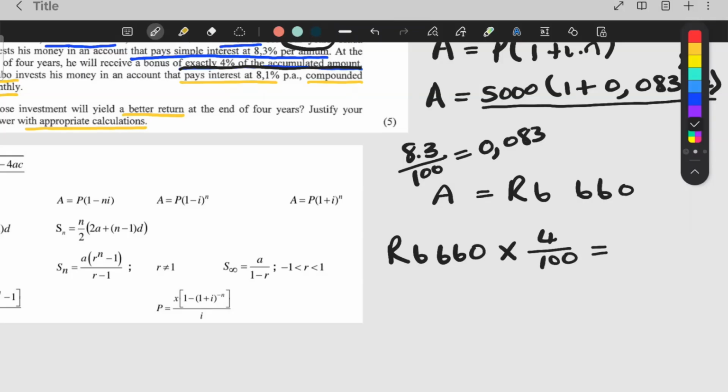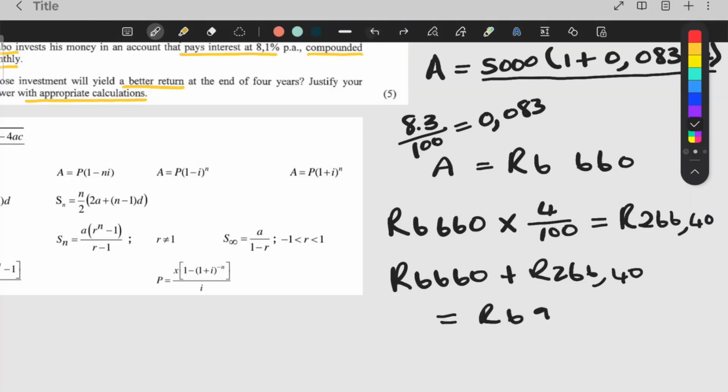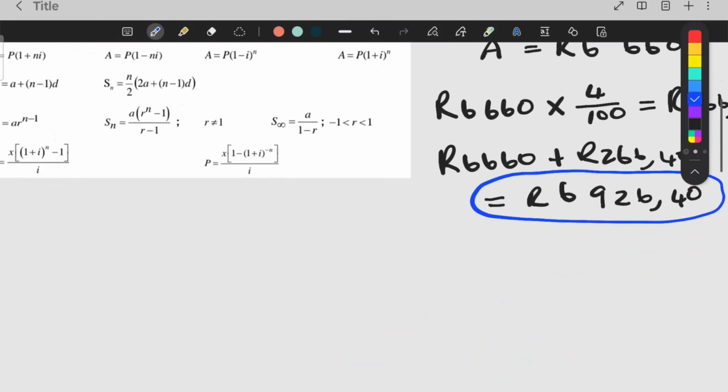If you work 4% out of this, you get 266.40 Rand. So in total, Kuda has the accumulated amount plus his bonus. This will be in his account, and the final answer is 6,926.40.